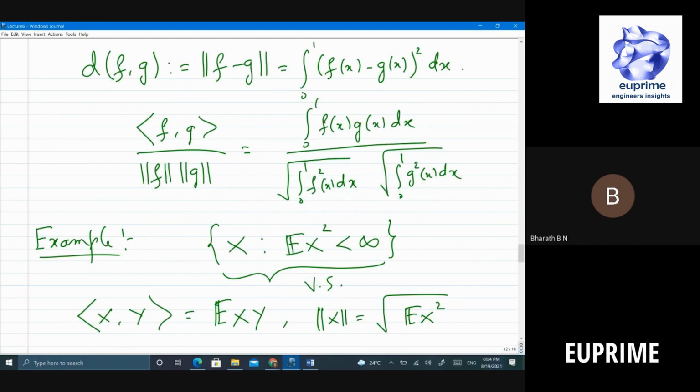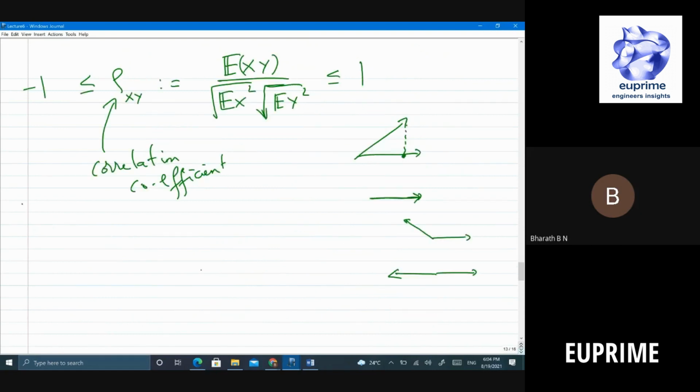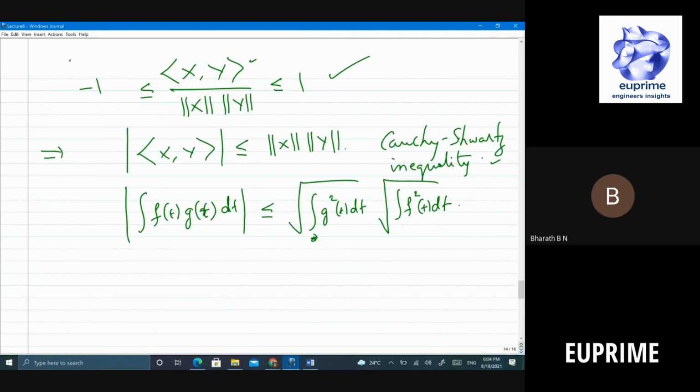And I can also define the distance, and naturally I can define what is known as similarity of two functions. All that I have to do is take F over norm of F, G over norm of G, and take the inner product, right? So that gives me this notion. So this also leads to, if you do the same thing for random variables, correlation coefficients, right? That's what we did in the last class.